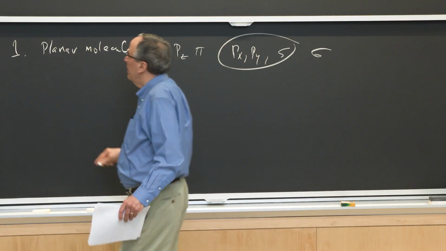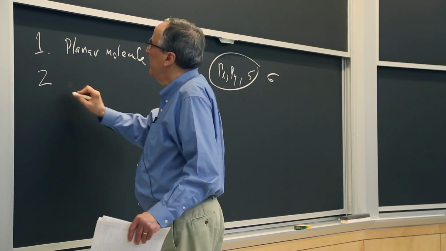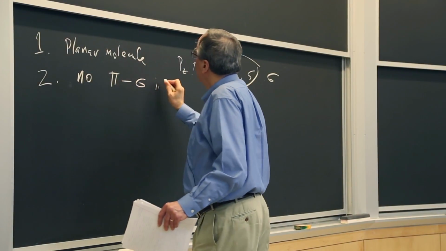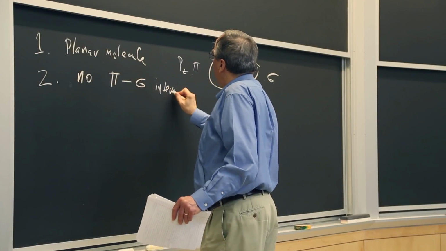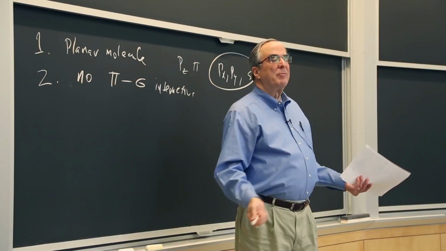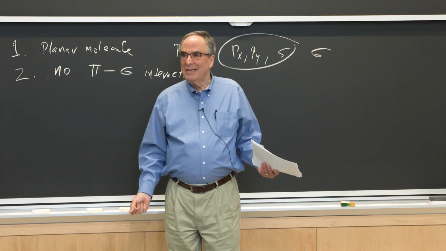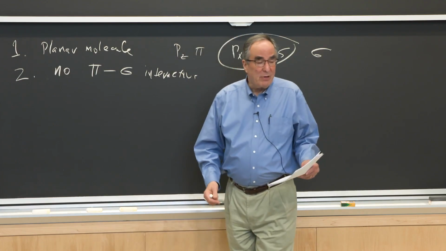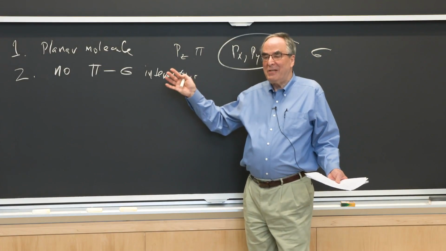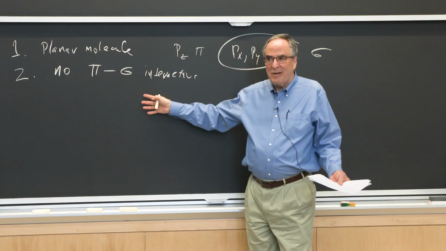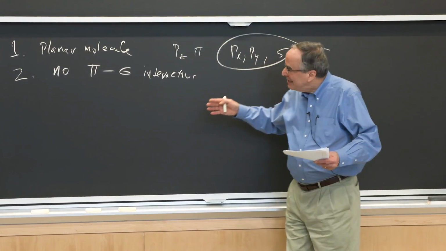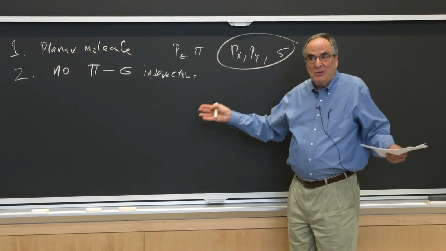So we don't care about pi-sigma interactions. And we're going to neglect the sigma orbitals because they take care of themselves. And we can do anything we want. It's just a question of if we make too many ridiculous assumptions, we'll get ridiculous results. And this has been time tested, and it gives pretty useful stuff.